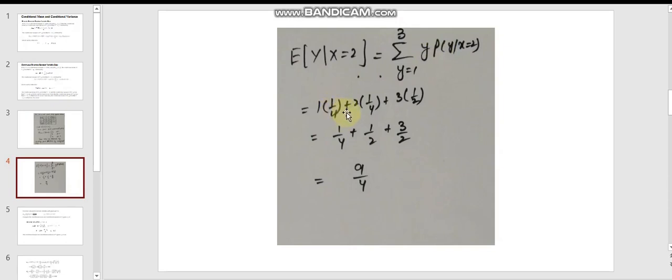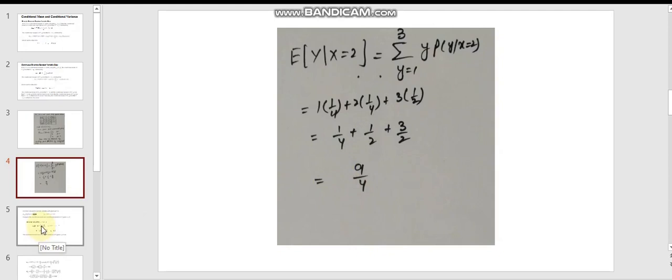When y is equal to 2, its PMF is 1 over 4. Similarly, I will add when y is equal to 3, its PMF is 1 over 2. So by adding these expressions, the conditional expected value of y is 9 over 4.